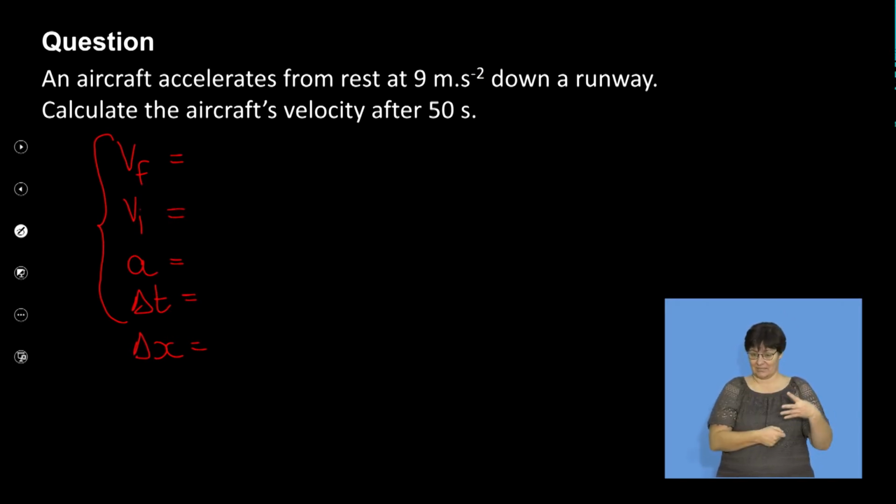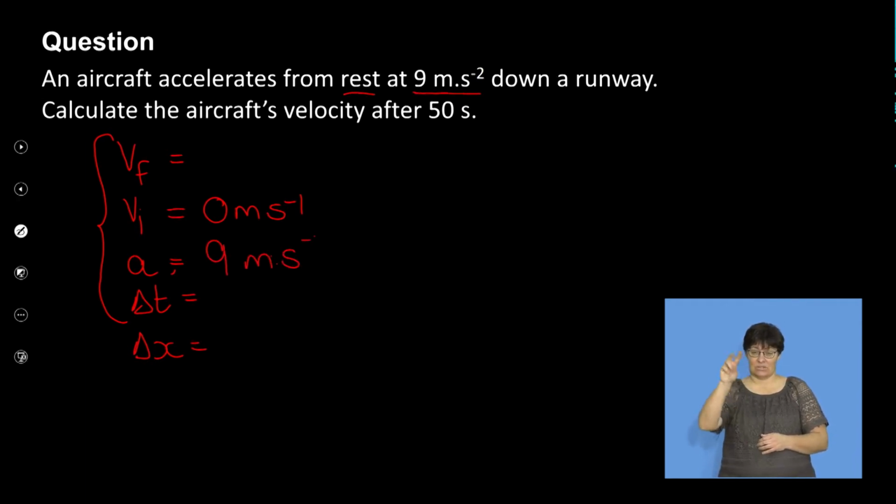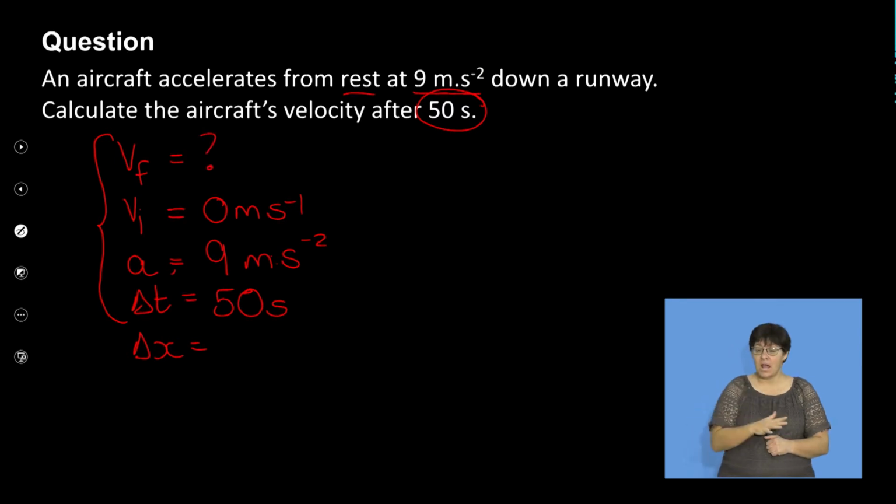VF equals VI plus A delta T. Then I just put displacement at the bottom. So what did I know? A is 9 meters per second squared. And they said the aircraft's velocity after 50 seconds. And I want VF.